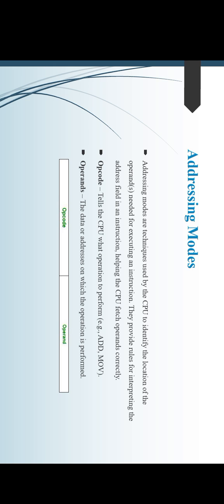Likewise, opcodes tell the CPU to perform addition, subtraction, multiplication or move the data. DIV means division, AND means logical AND, OR means logical OR, JMP means jump to another location. But in simple words, opcode means what to do in the CPU.